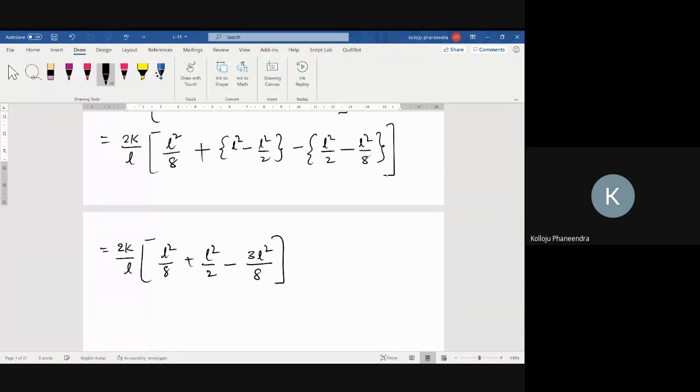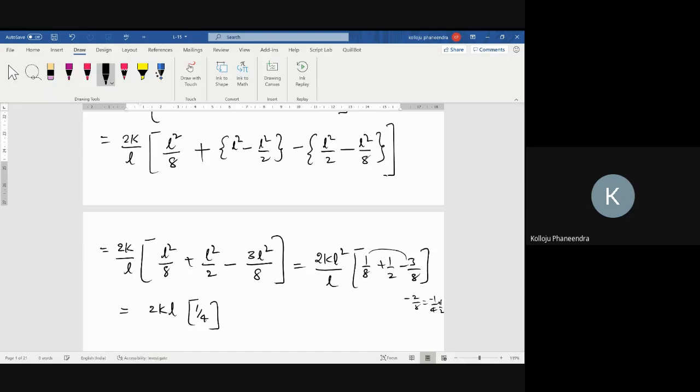That is equal to, now L square is common, 2k L square by L times 1 by 8 plus 1 by 2 minus 3 by 8. After simplification, 2kL, and this is minus 2 by 8, which means minus 1 by 4, plus 1 by 2, so 1 by 4.